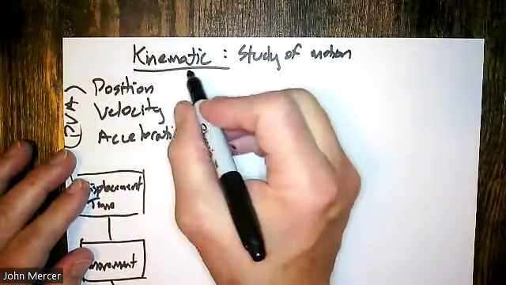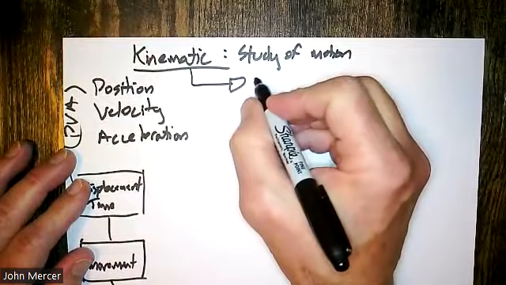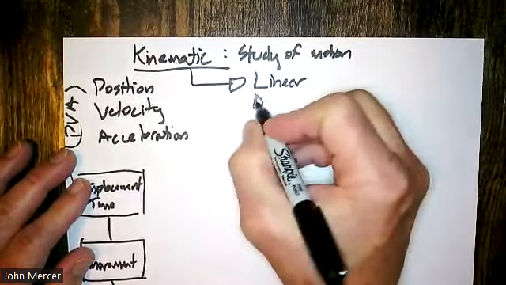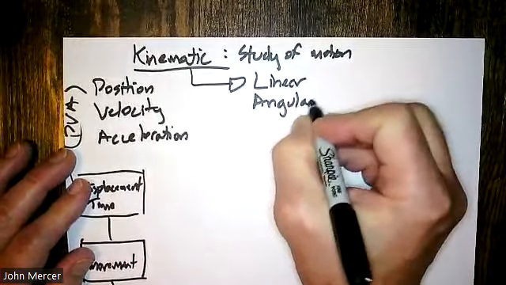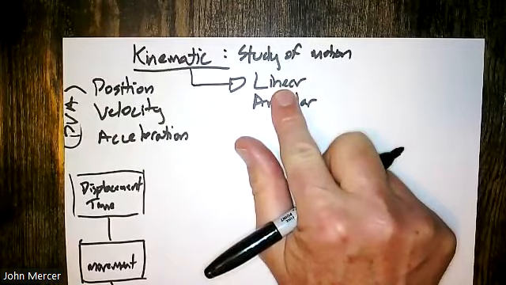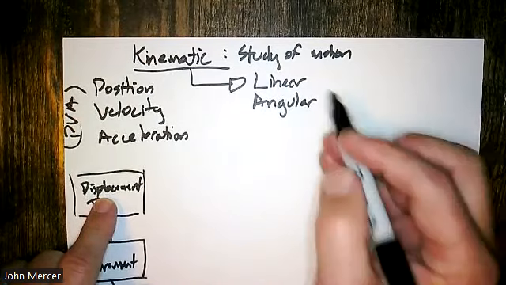And in kinematics, we look at two branches, and that is linear and angular. Linear is straight line. All points of an object travel the same distance, and distance is a very similar term to displacement, but distance is a scalar, and it represents the total change in length.